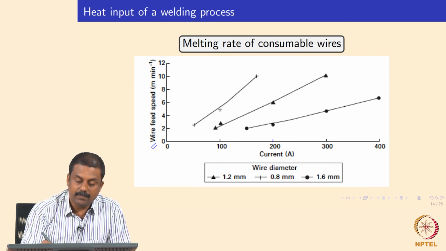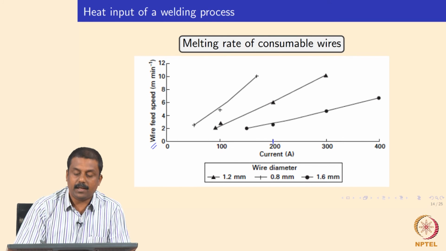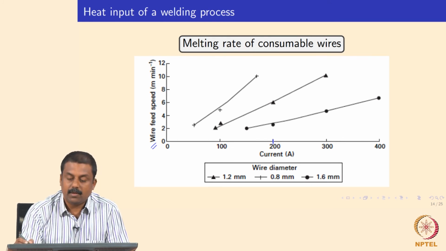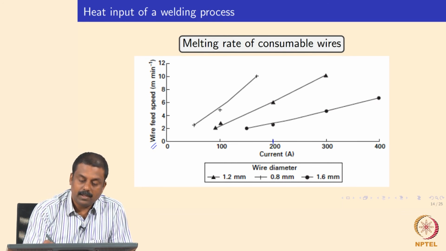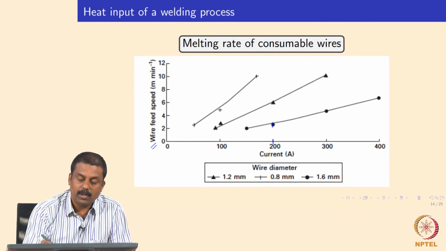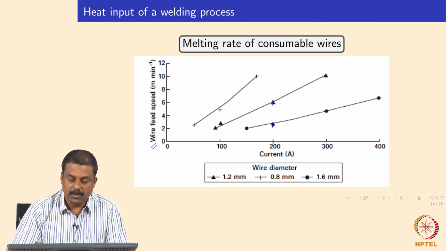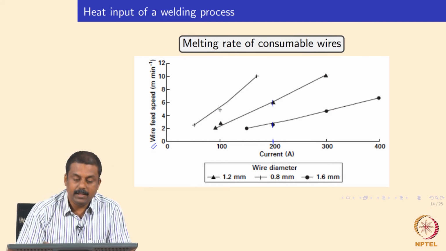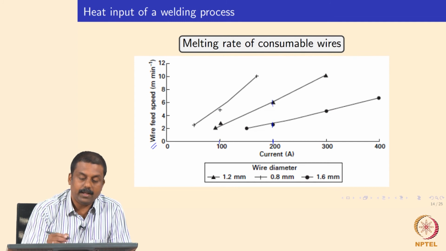So in this case, if you have a mean current of 200 amperes of welding current for a constant stick out length and for a given shielding gas, a larger diameter wire melts less than a smaller diameter wire. So obviously if you reduce the diameter, your melting rate increases for a given welding current.